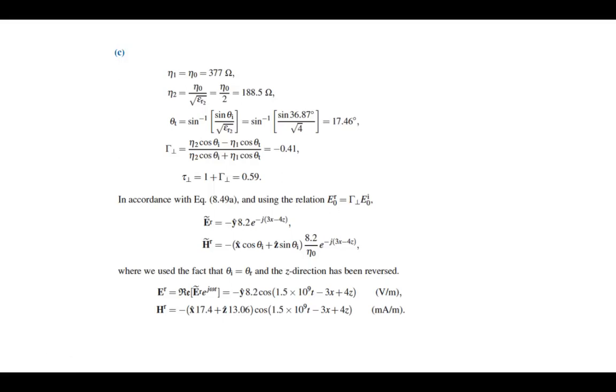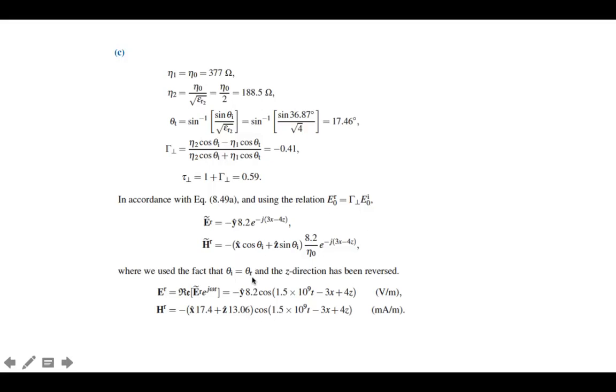We've plugged in eta naught, we've plugged in cosine theta i and sine theta i into these expressions, and the 8.2, which was the amplitude of E. The minus sign also stayed with us because when we take the cross product, it does not flip the direction.